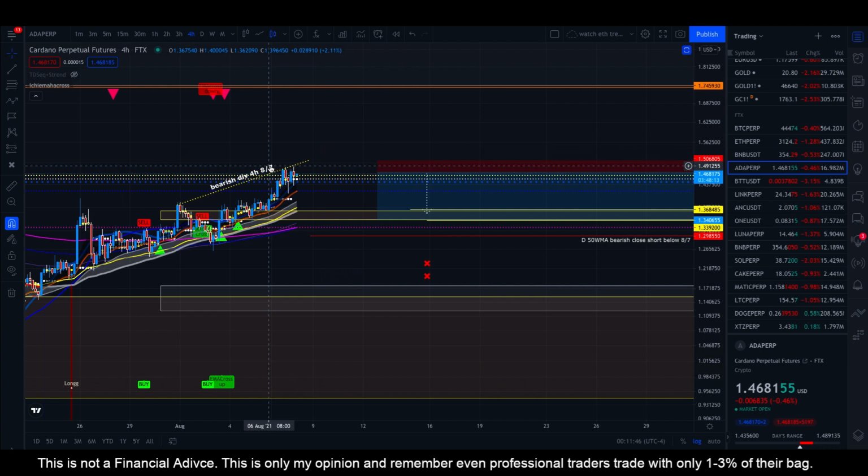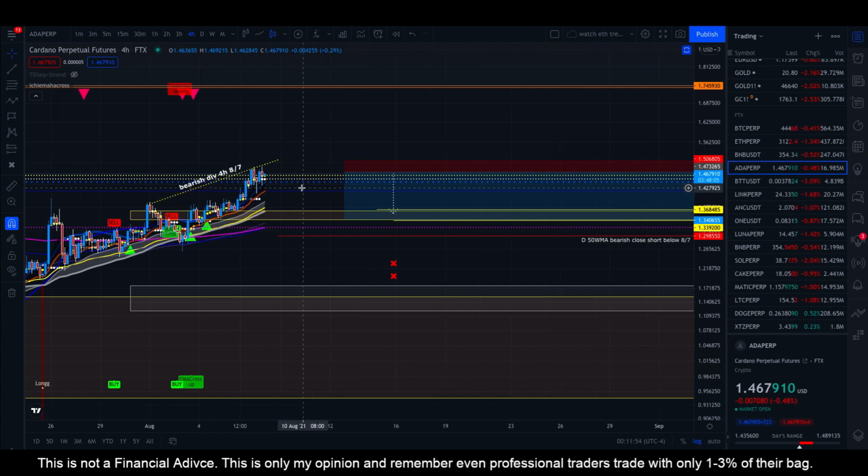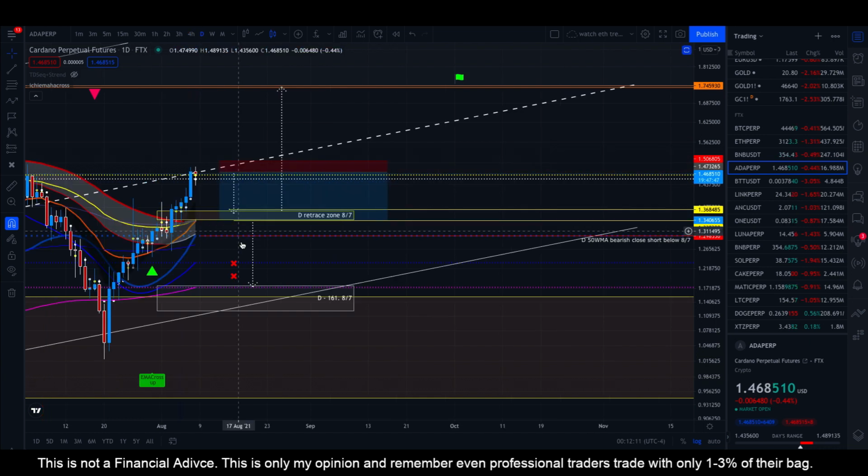If it's only two touches, I mean, it's valid, but it's not the strongest. So I'm leaning more towards shorting to the retrace level, and either ride it down with my stop loss or take profit at the retrace level if we start retracing.